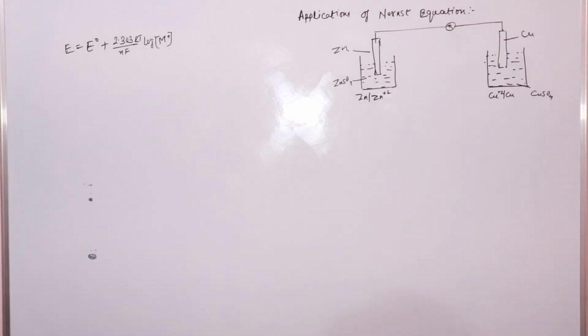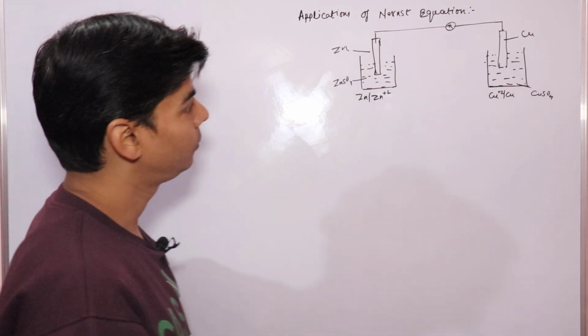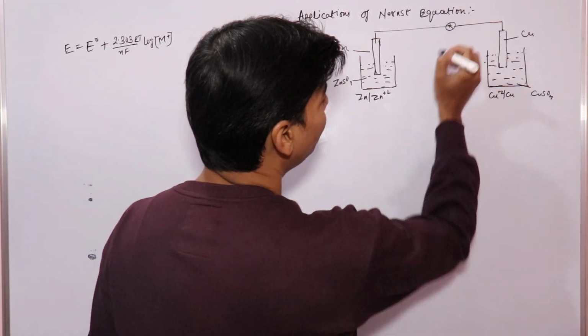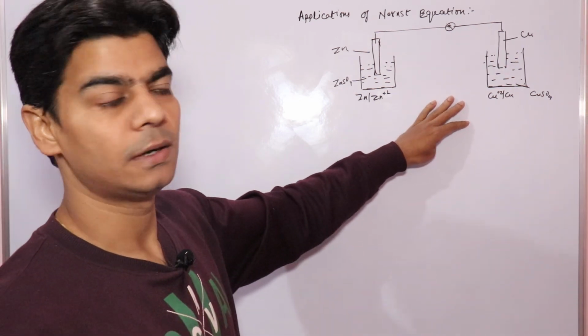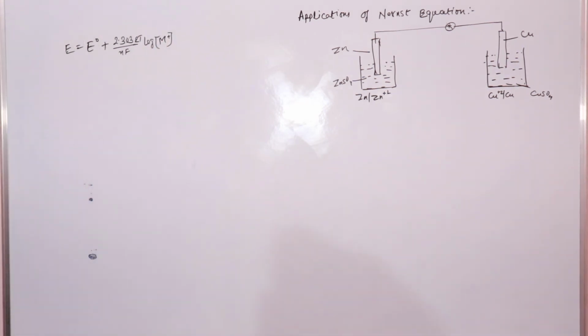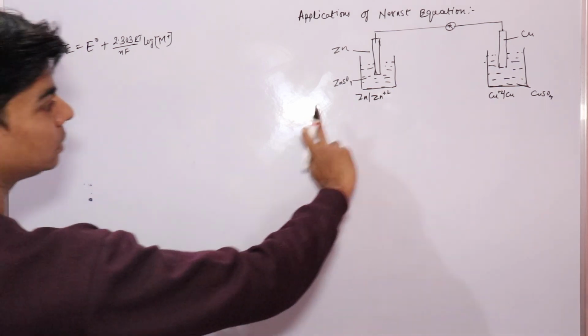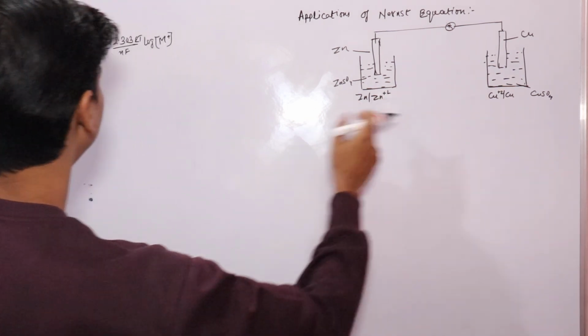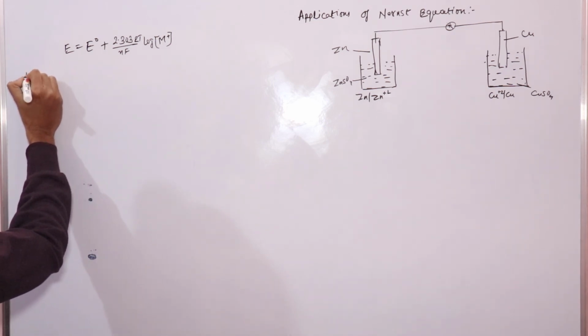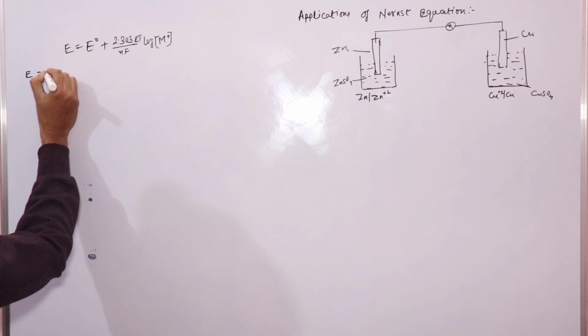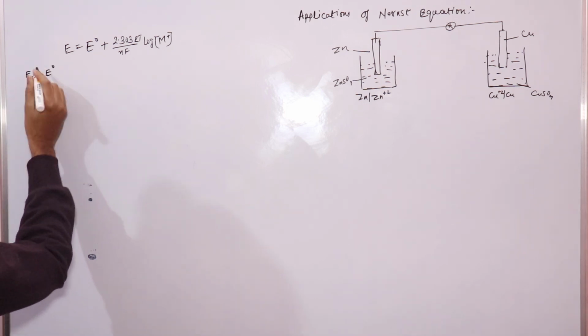Now we will see how we can use Nernst equation to calculate the EMF of the cell. If I write the Nernst equation for these two electrodes, the EMF of the cell is equal to E0.